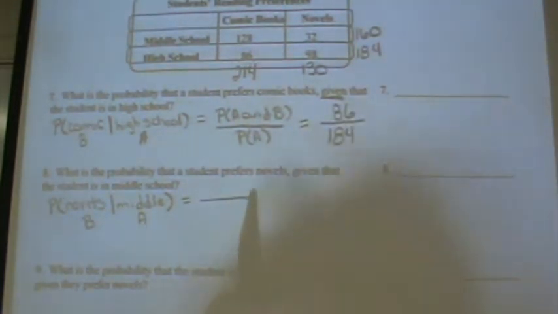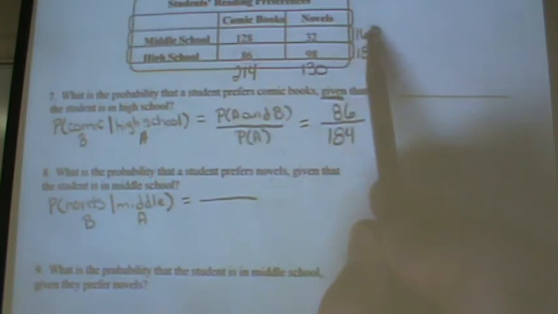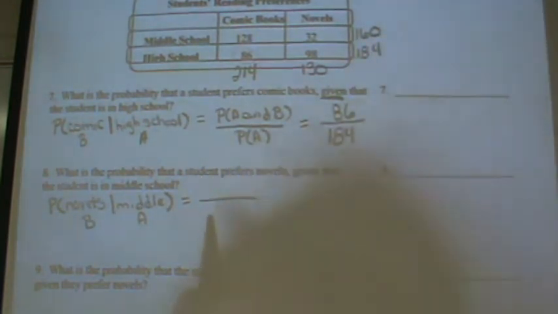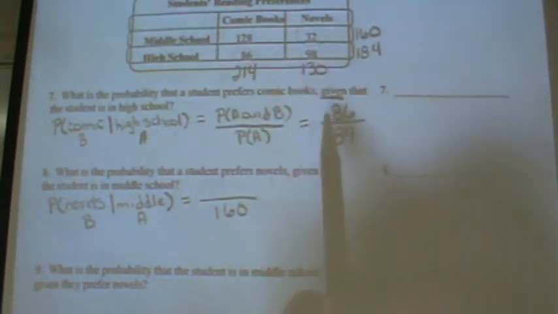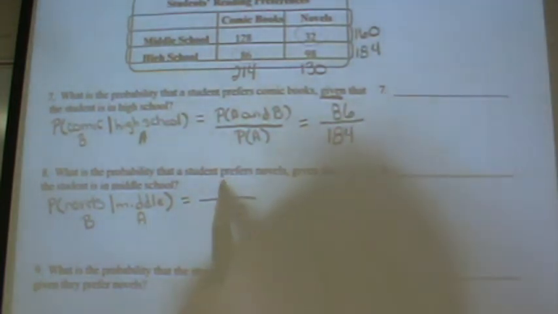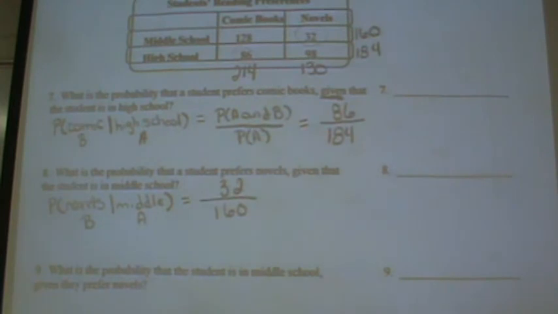So our total number of middle schoolers is 160, because that's our whole row right here. So our bottom number is going to be 160. And we're interested in when the middle schoolers prefer novels. So middle school prefer novels is this 32. So we're going to have 32 over 160. And again, we're writing this as an unreduced fraction, so we can leave it just like that.